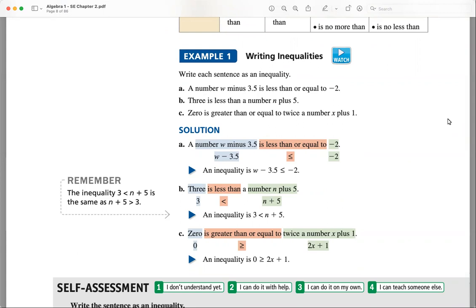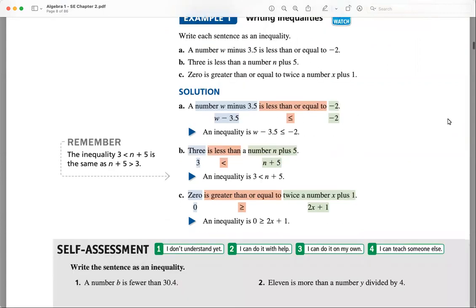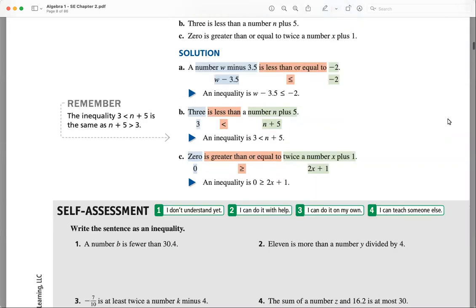Okay. And then over here, we have 3 is less than a number n plus 5. So "is less than" is the symbol, 3 on the left-hand side, and plus 5 on the right-hand side. And the next one, 0 is greater than or equal to, that's your symbol.